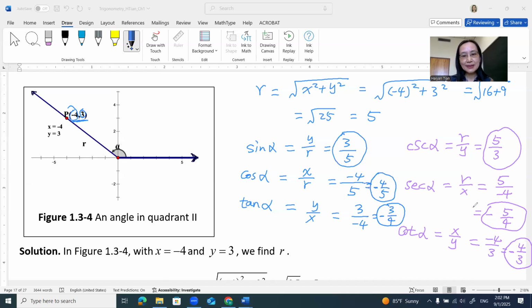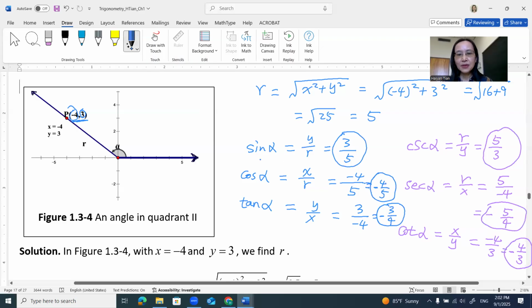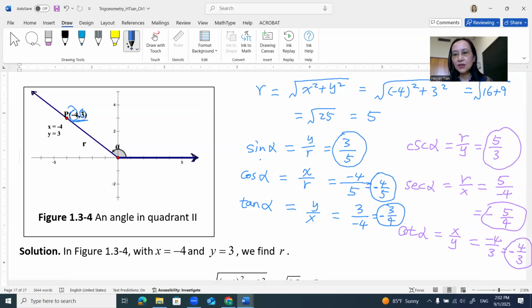By the way, you can see some reciprocal properties, right? When they're all defined, you easily see that the sine and cosecant alpha are reciprocal to each other.